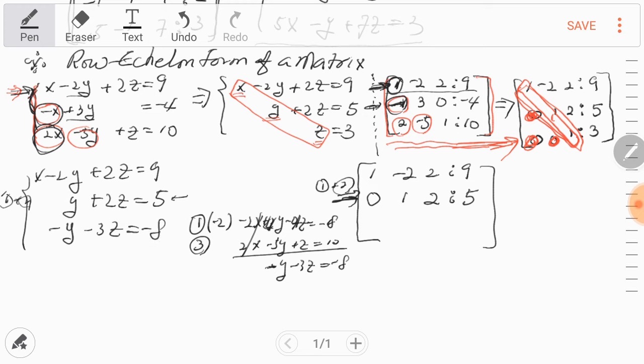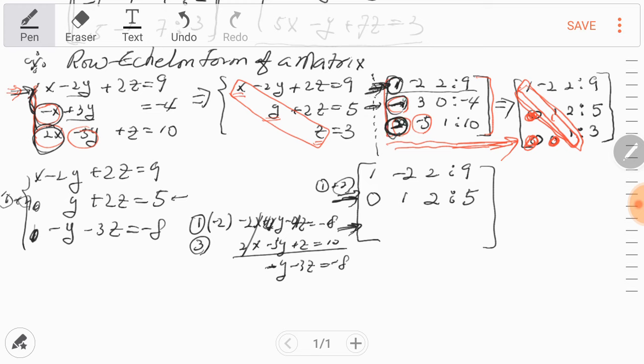So the x term in the third equation has just been removed. How about the matrix? For the third row, the x coefficient is 2.